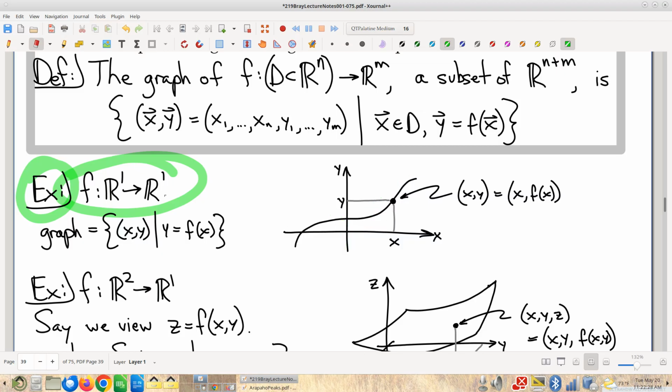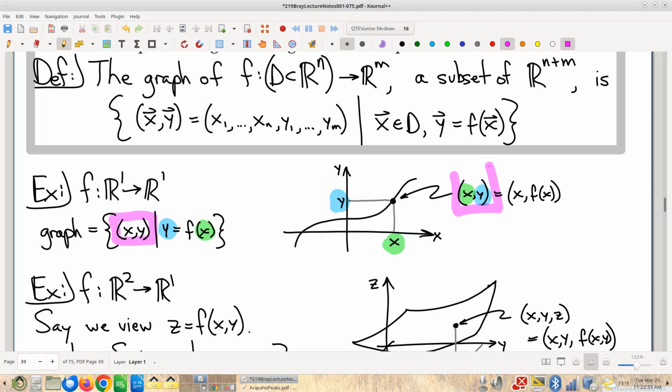There are different ways to think about this, but if you take the inputs that go into this function, call those the first coordinate, then take the outputs that come out of this function, call that the second coordinate, then these resulting points, x comma y, are points in 2 dimensions.